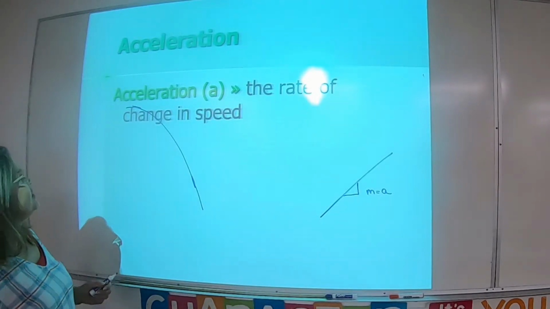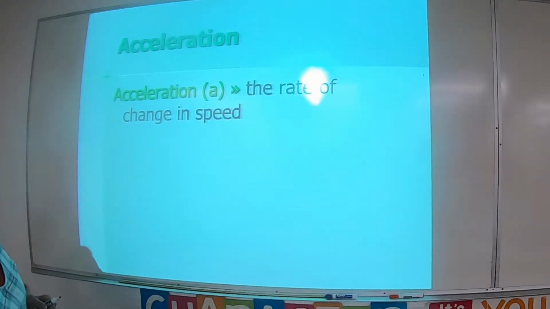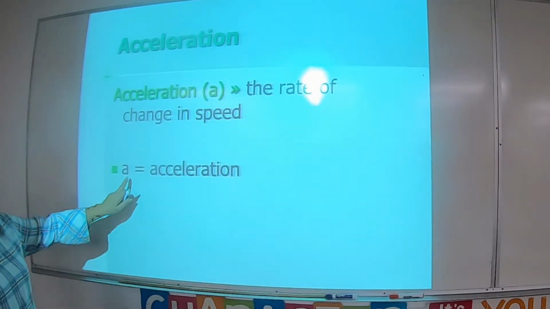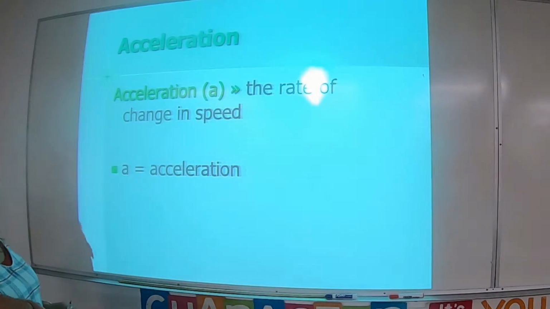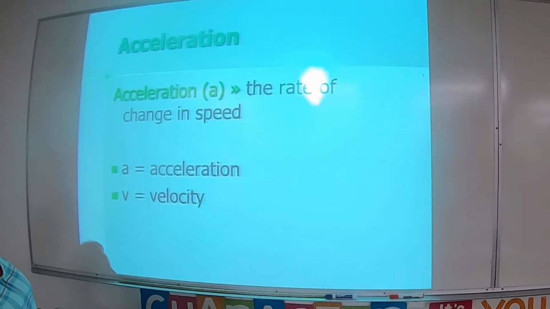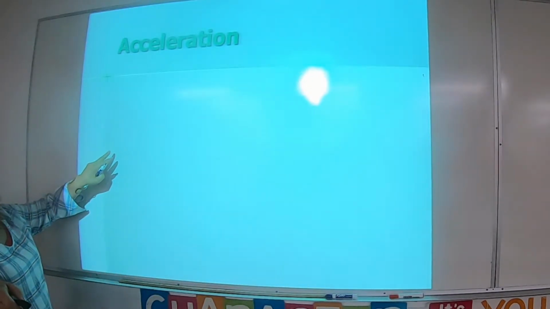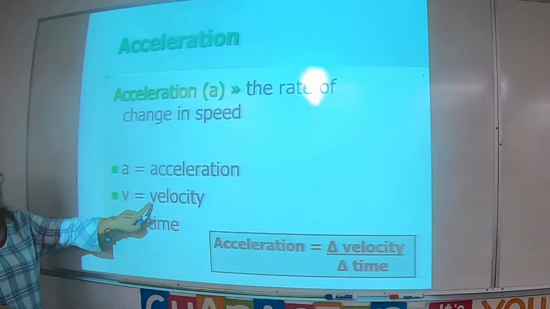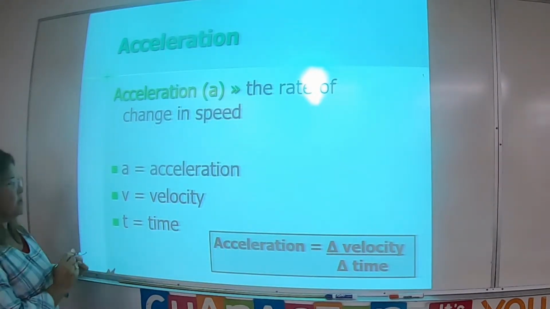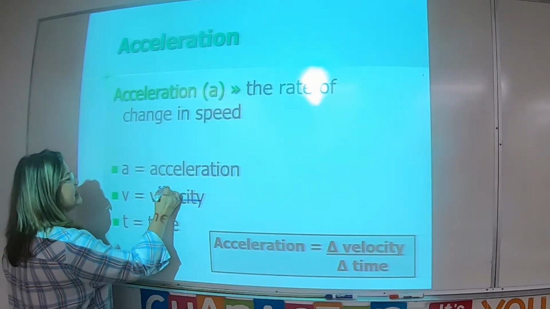So, acceleration is the rate of change in speed. The lowercase a is equal to your acceleration. The v is equal to your velocity, or like I said, we're going to now consider speed.